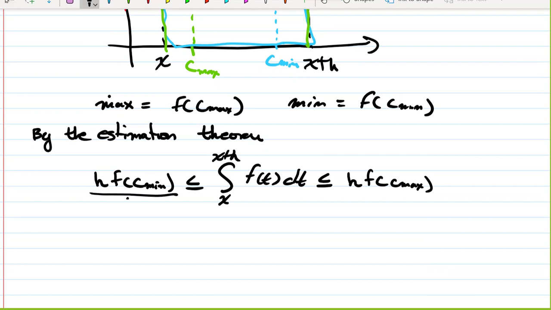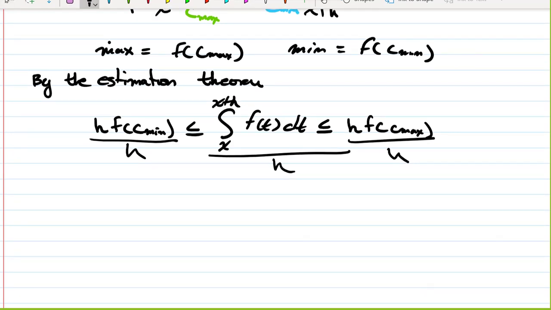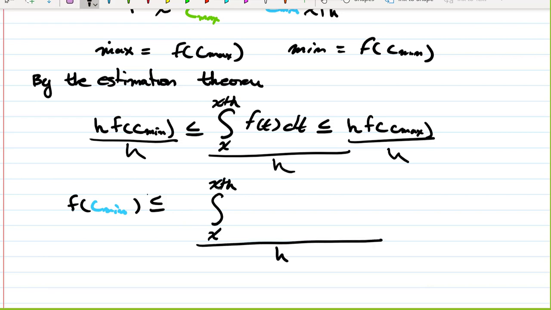So now, finally, if we divide each of these by h, we're left with f of C min is less than or equal to 1 over h times the integral from x to x plus h of f of t dt, which is then less than or equal to f of C max.